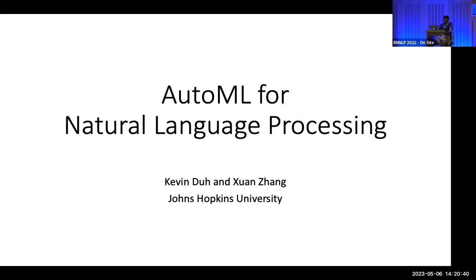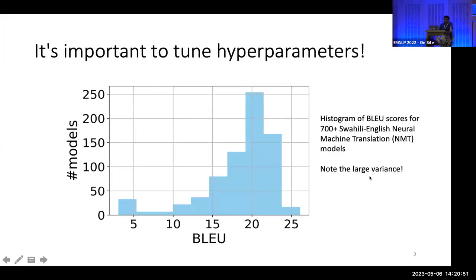Okay, so AutoML for NLP. Let me begin with a motivational question or observation, and that's something pretty obvious. It's very important to tune hyperparameters. I'm sure you've all done this in your research, trying different hyperparameters and seeing different results.